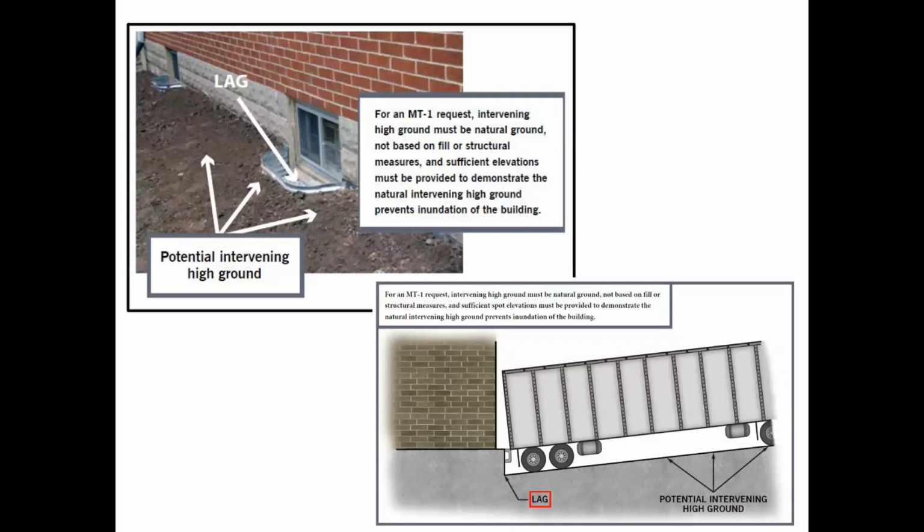So again, we're talking about window wells with a basement. It's going to be at the bottom of those window wells for the lowest adjacent grade. Of course, we do have the potential intervening higher ground that can help with a LOMA. So we're going to want to put that in section D, or like I showed you before, you can make a sketch, or the surveyor can make a sketch, of the house with the window wells and that elevation, and then draw in the intervening higher ground and very clearly demonstrate how it's working and how the higher ground is going to stop floodwater from getting in there.